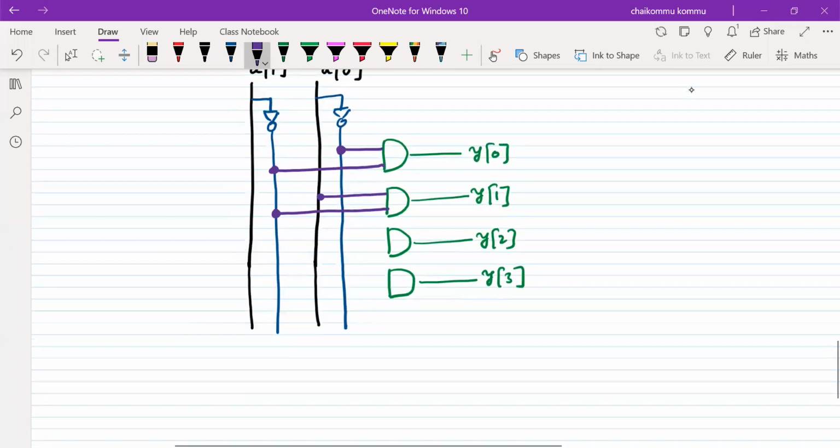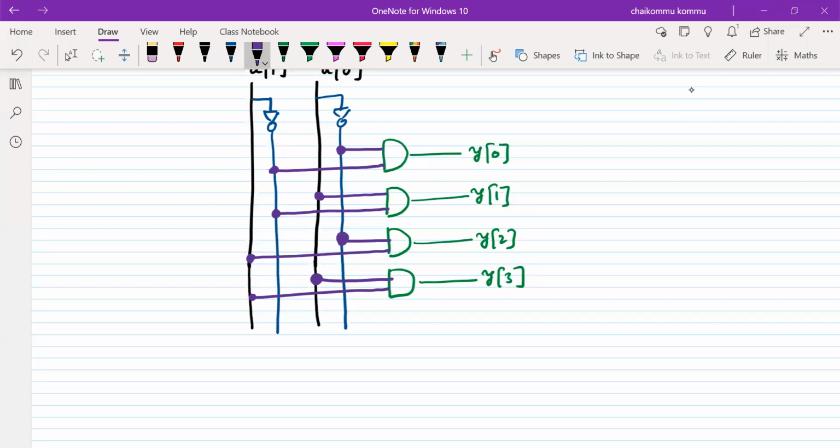Next, Y2: it must be 1 for this, but logic 0 for that. For Y3, both are logic 1s only. So this is a logic 1, and this is also logic 0. Please remember it this way.